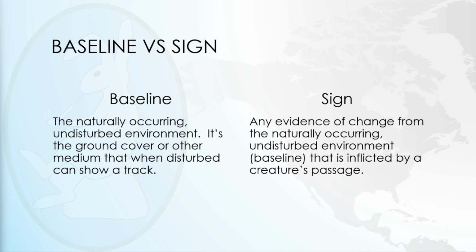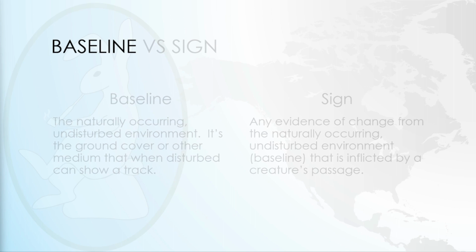Every time you get up, you put your hand on the table to help yourself up, you're leaving sign behind. Every step you take, you're doing something to the surface. It may not be detectable by the naked eye, but it is something that is there to be detected. So that's the understanding that you cannot do anything without leaving some sort of sign. That's a concept that we need to put away right away.